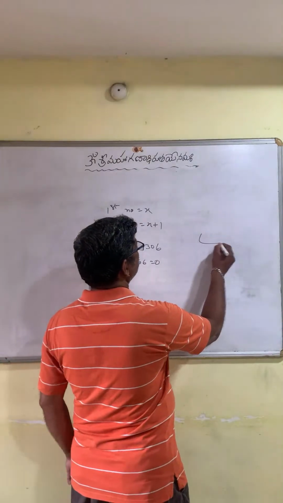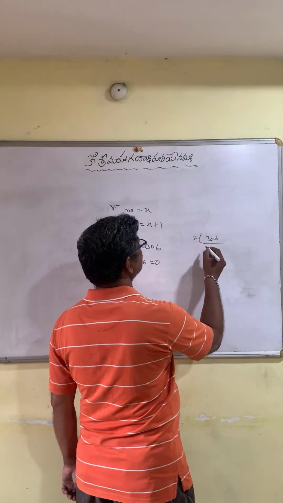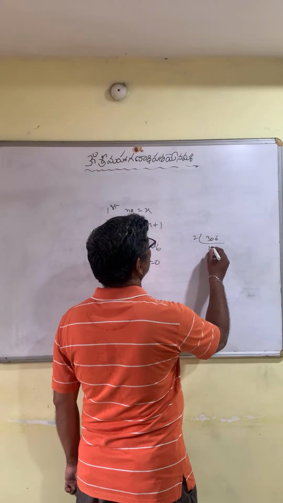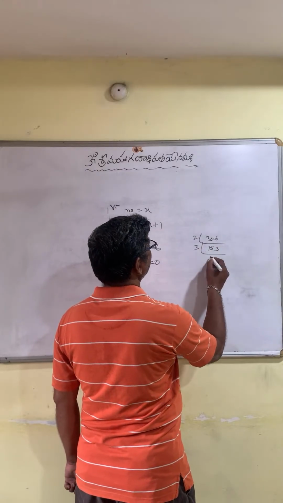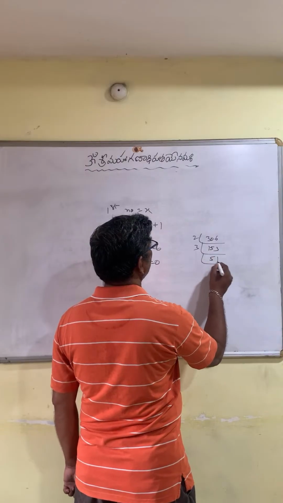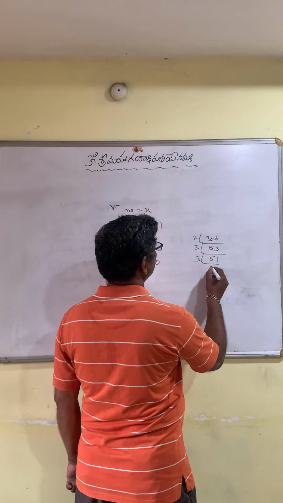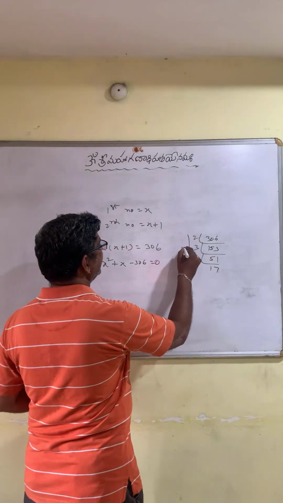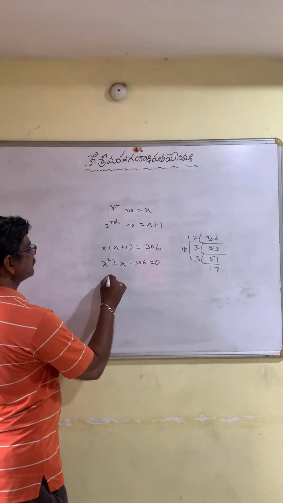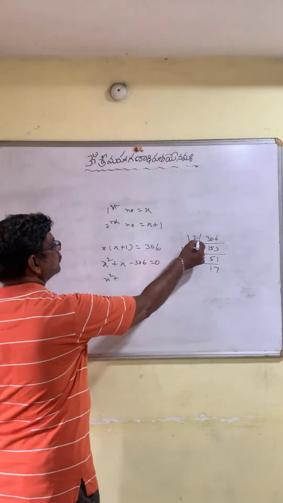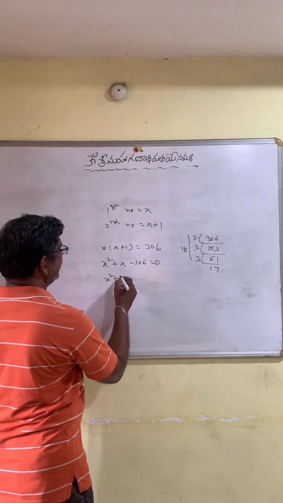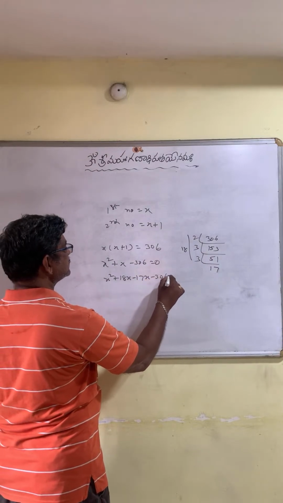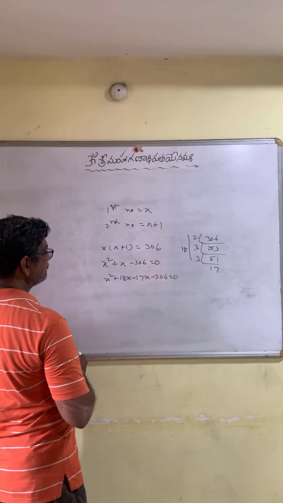You can take the prime factorization of 306. So x square plus 18x minus 17x minus 306 is equal to 0.